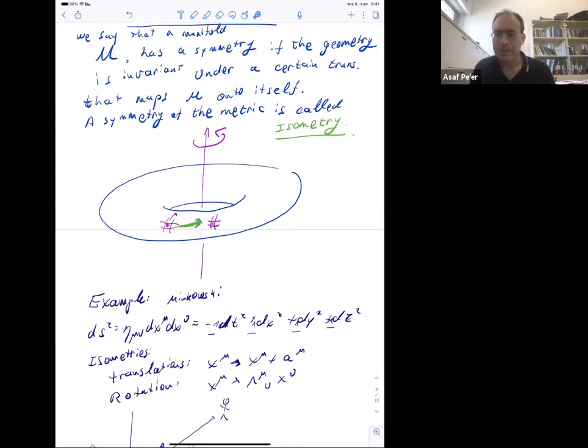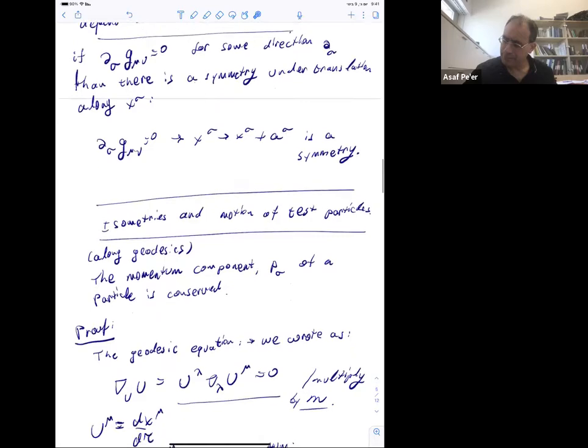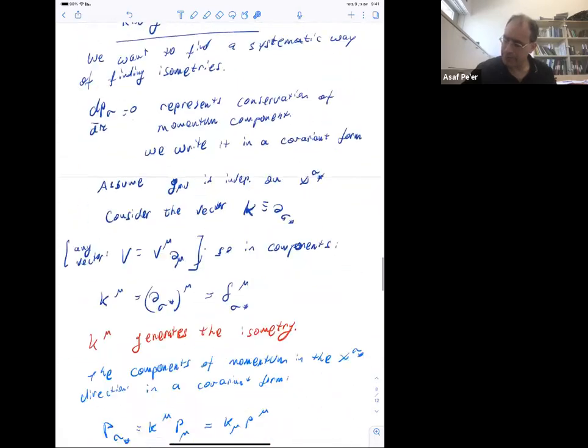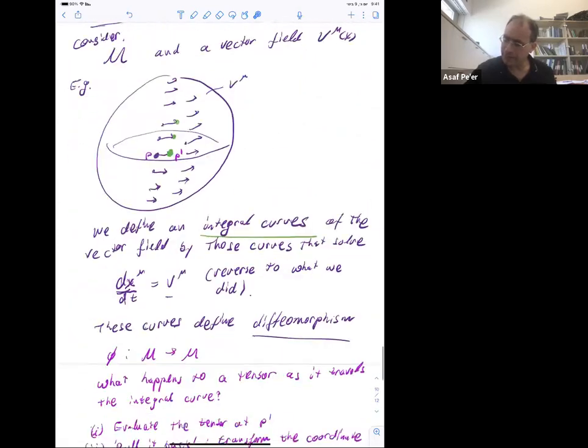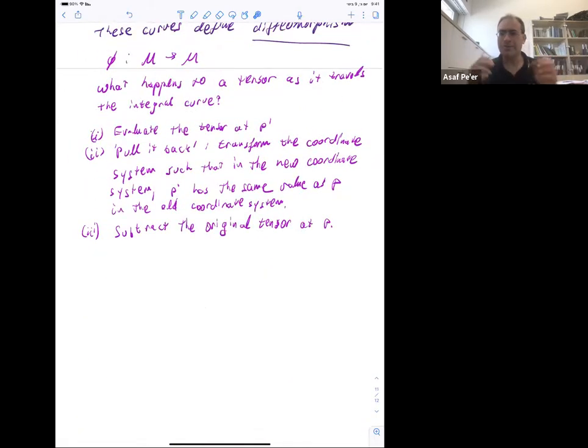Right? If nothing happened to the tensor, which is what I'm after, then I call this tensor form invariant. Okay, you're with me? I think it's more difficult to give the explanation than to see that. You're just taking the tensor, you're moving it there, and then you're shifting everything backward to the same location, and you see if something changed.